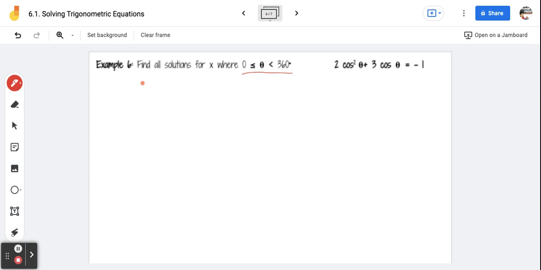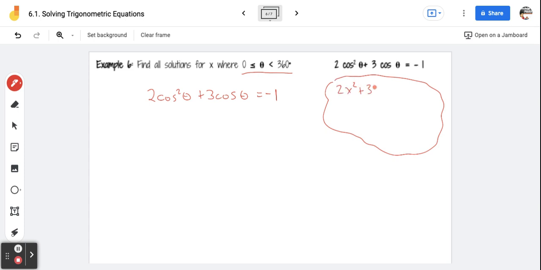So let's look at the equation. 2 cosine squared theta plus 3 cosine theta equals negative 1. If I came over here in my little bubble and just think of this as 2x squared plus 3x equals -1, could you solve this?